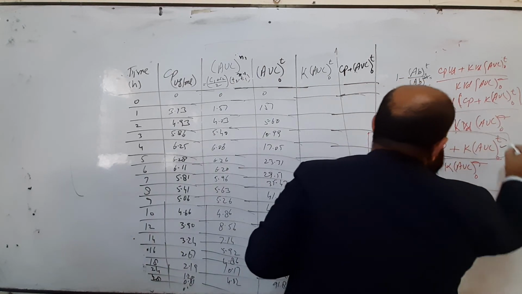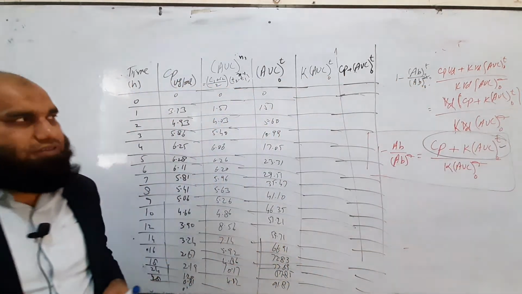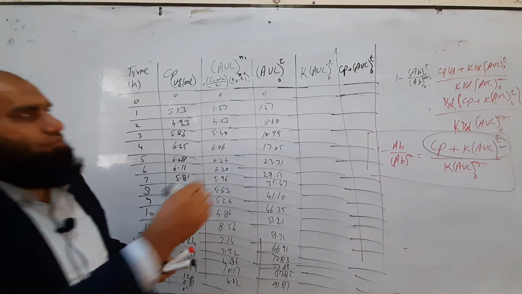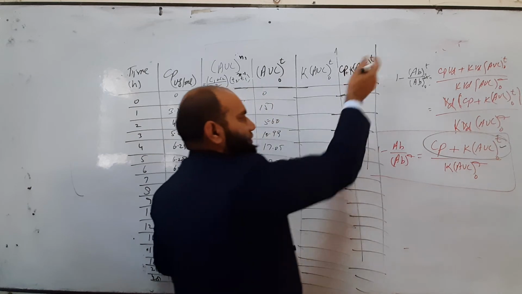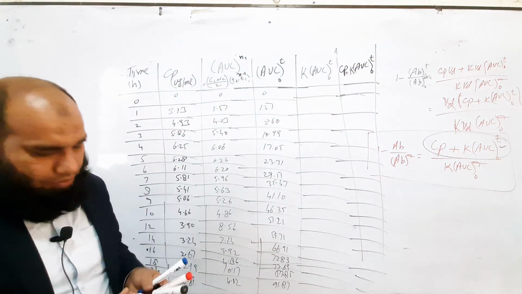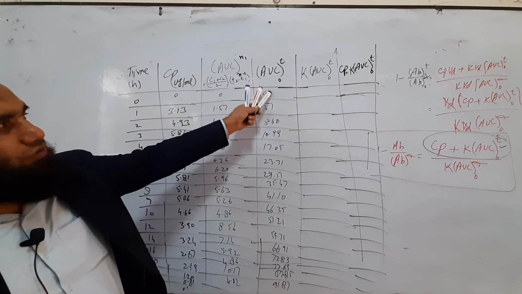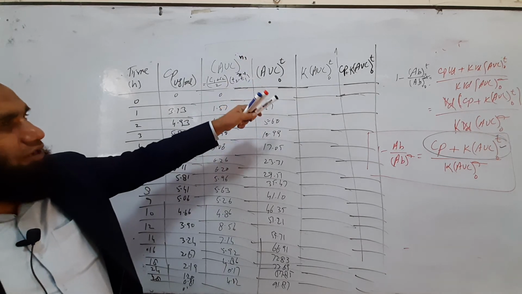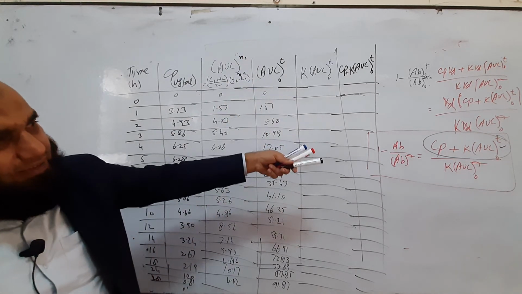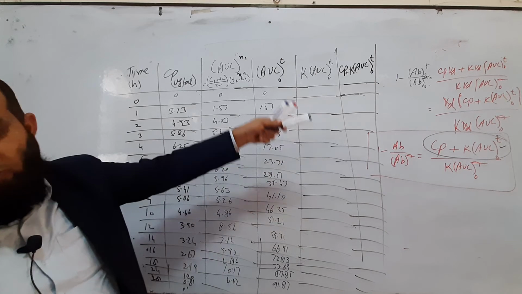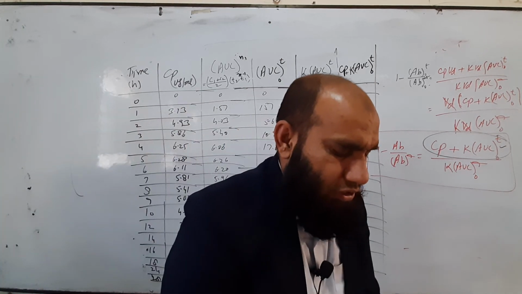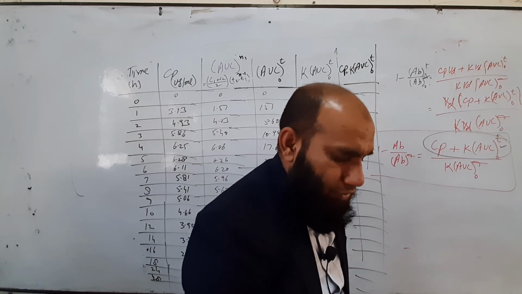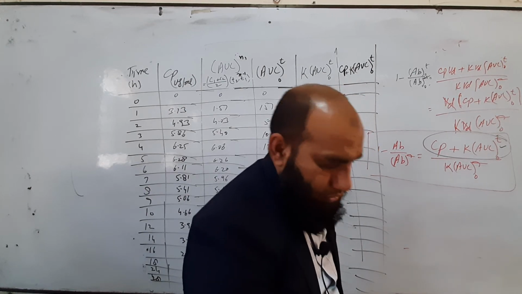We have solved this, Cp plus K into AUC 0 to T. Okay, we have AUC 0 to infinity, and we will multiply that with the K, and we will get the value of K into AUC 0 to infinity, which is our denominator.